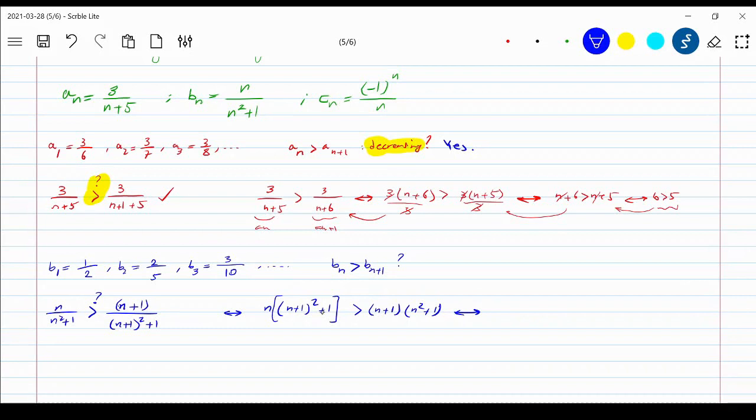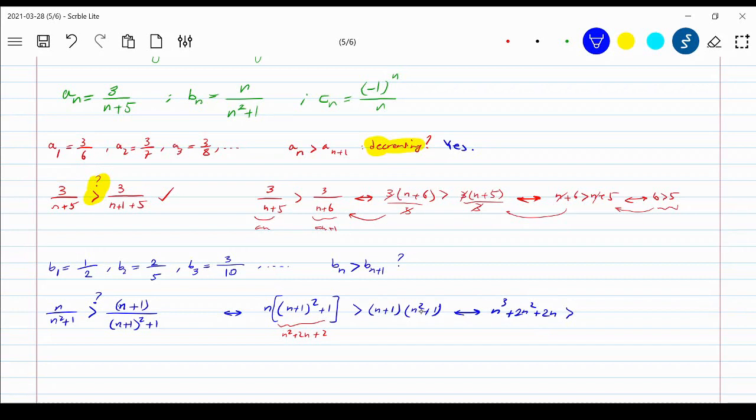So (n plus 1) squared plus 1 is simply n squared plus 2n plus 2, and multiplied by n would be n cubed plus 2n squared plus 2n.